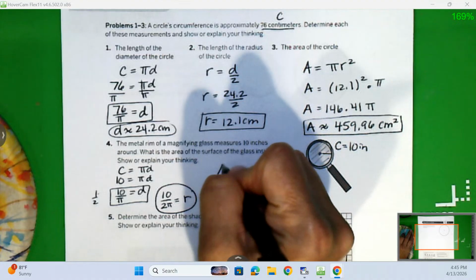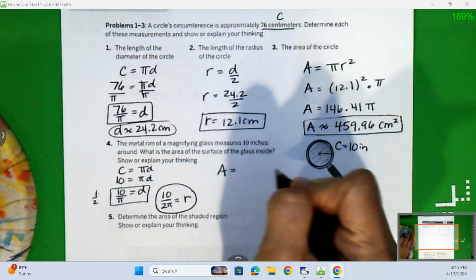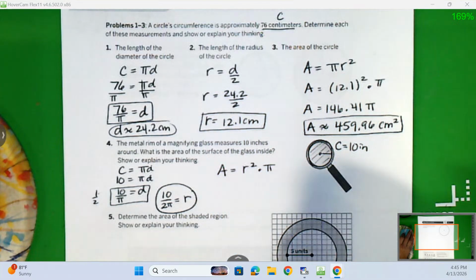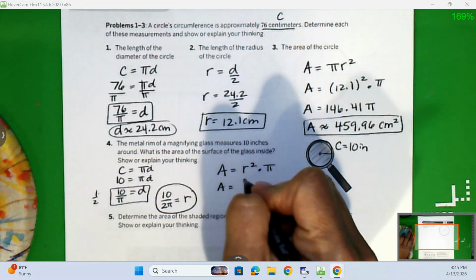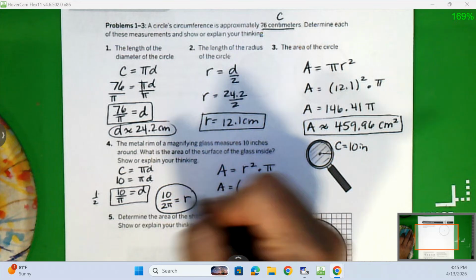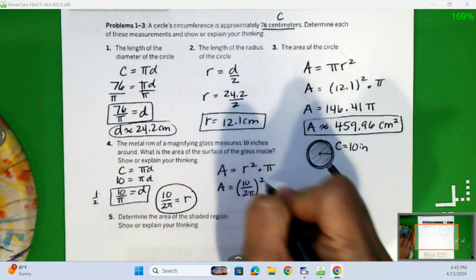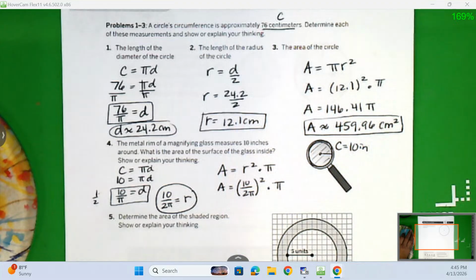Okay, on to getting our area formula, r squared times pi, or pi r squared. We're going to square this whole radius, which is the 10 over 2 pi, all squared, times pi.